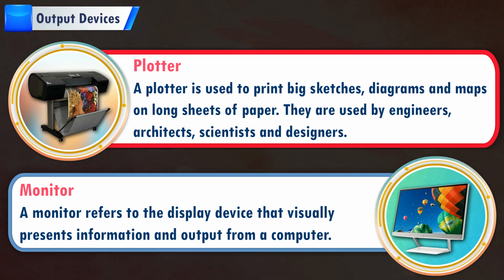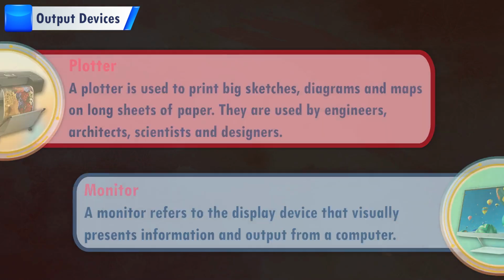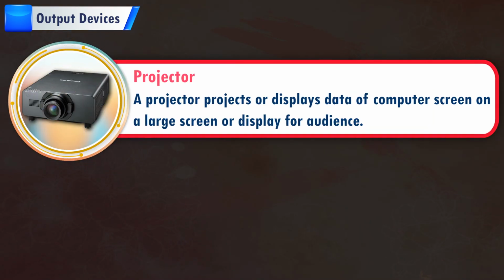Monitor. A monitor refers to the display device that visually presents information and output from a computer. Projector. A projector projects or displays data of a computer screen on a large screen or display for audience.